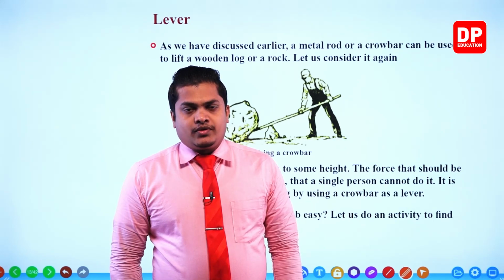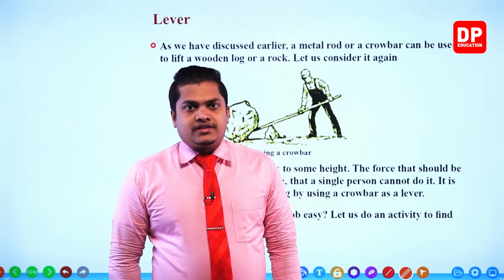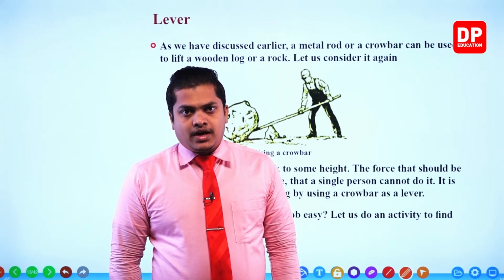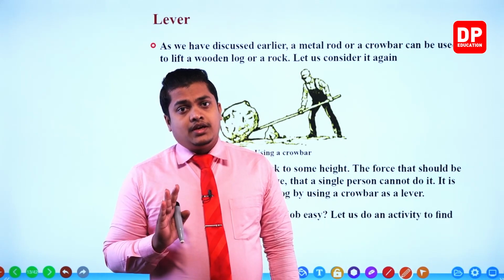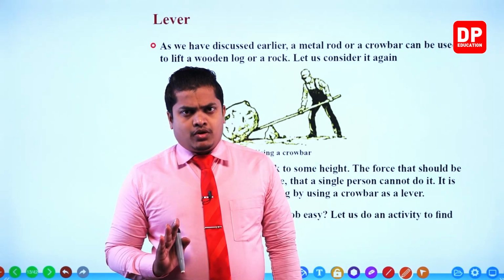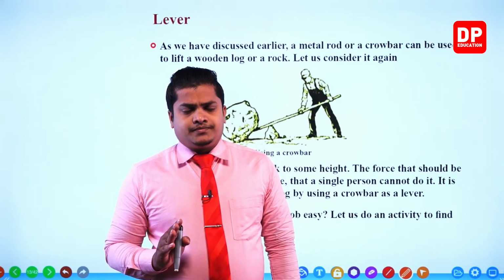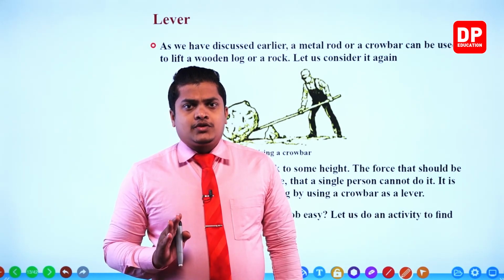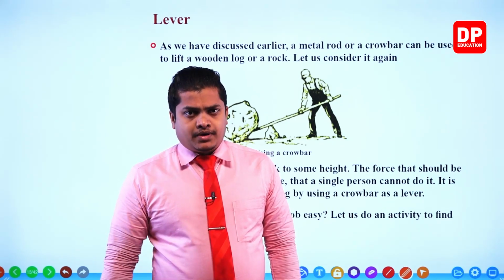We'll be investigating several facts and special things regarding the lever. Also, like I said in the previous chapter, there are different kinds of levers according to their structure, so we'll be discussing the types of levers within this lesson as well.